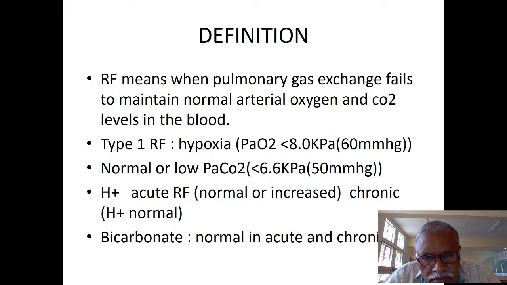Type 1 respiratory failure usually occurs due to hypoxia, when the partial pressure of oxygen is less than 60 millimeters of mercury, with a normal or low partial pressure of carbon dioxide, less than 50 millimeters of mercury.